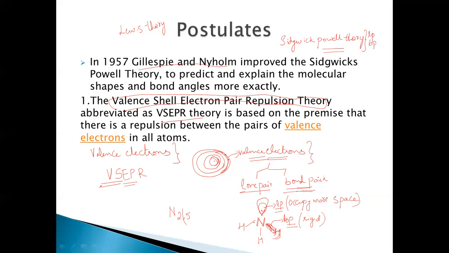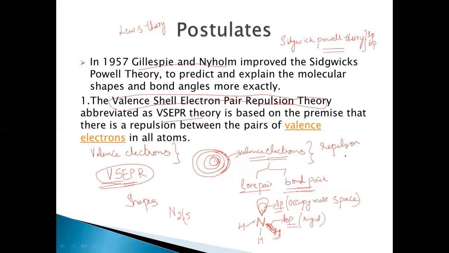So what this theory says is that it gives the shapes of the molecules based on these valence electrons, and we know these electrons are under repulsion. The electrons are negatively charged, they repel each other.